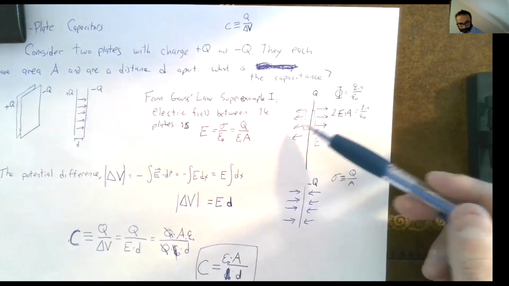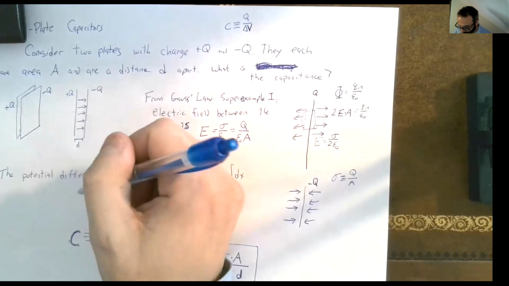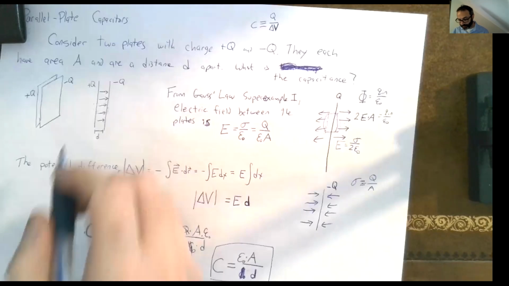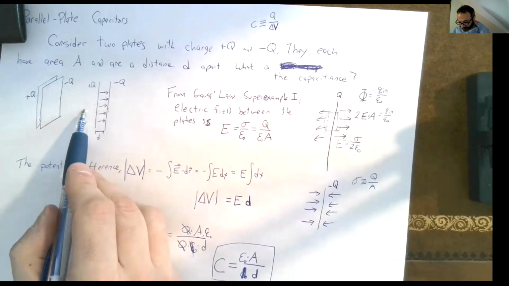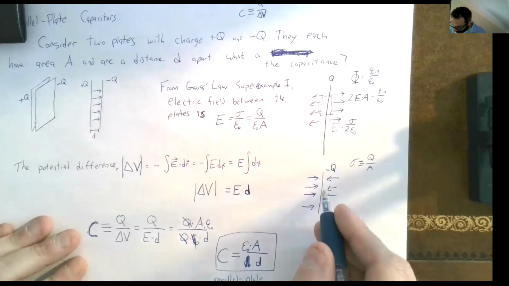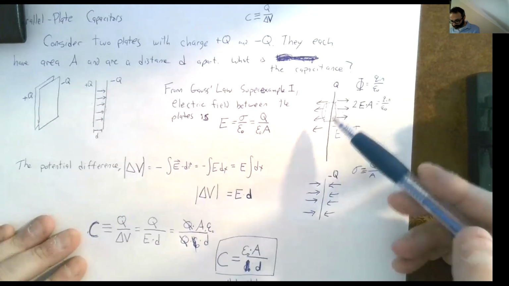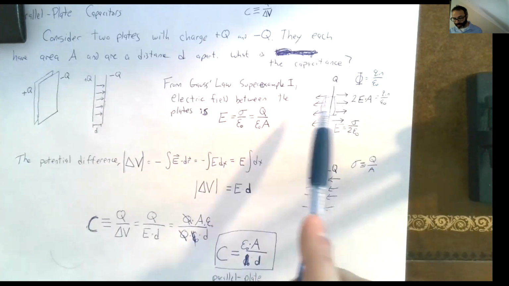Okay, so in the capacitor, it matters what the field is on the other side as well. It's not just what's in between. Yeah, I kind of glossed over it when I was talking about it, but the electric field on this side of the plate would matter as well. It turns out to be 0. This is the plus Q plate. On both sides, the electric field lines point away.